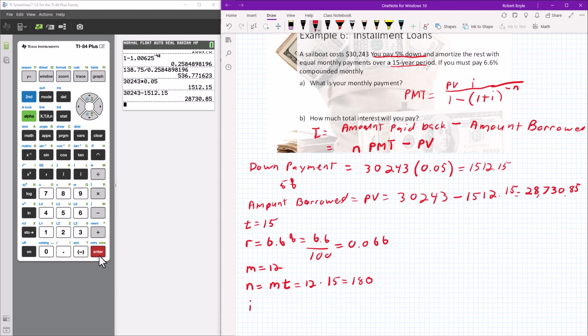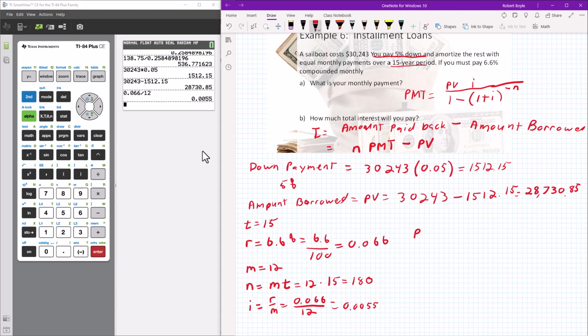And then I is equal to R over M, which will be 0.06 divided by 12, which is equal to 0.005. And now we know everything we need to know to figure out what our monthly payment is going to be.